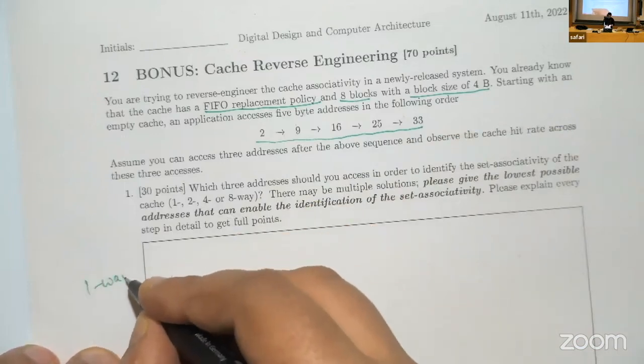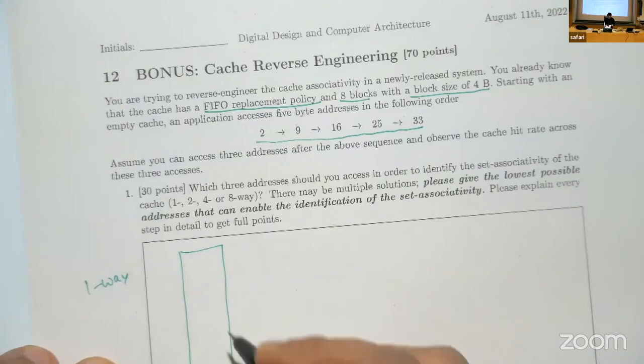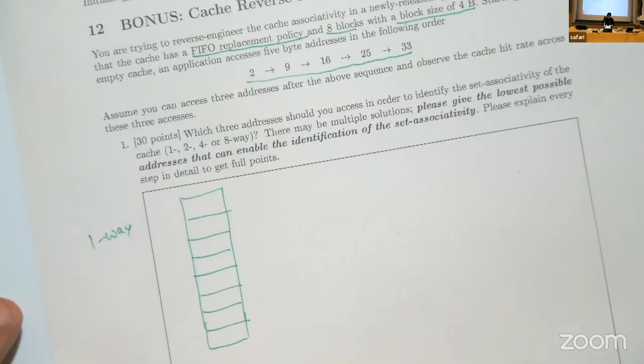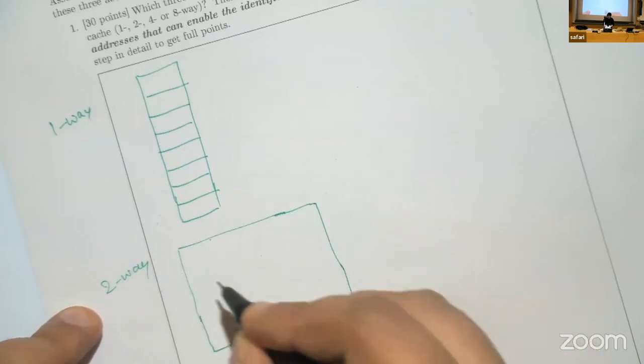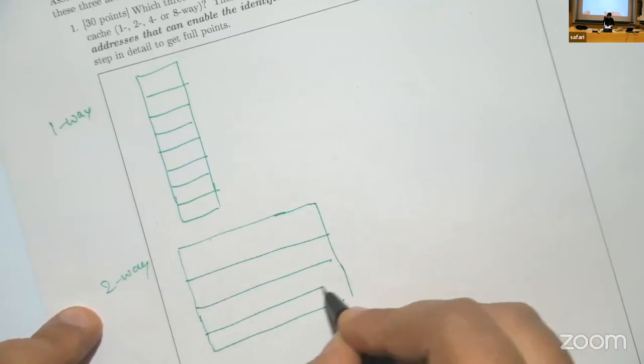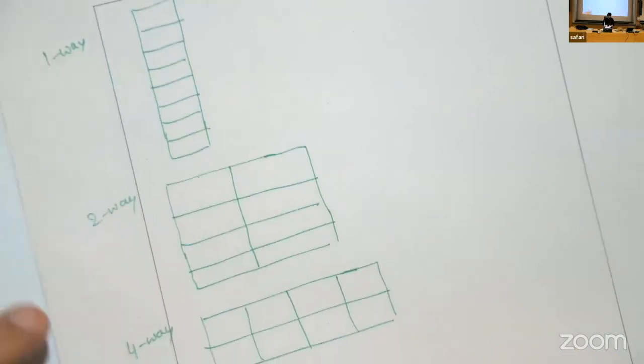I will initially write 1-way, then 2-way, then 4-way, and finally the 8-way associativity.